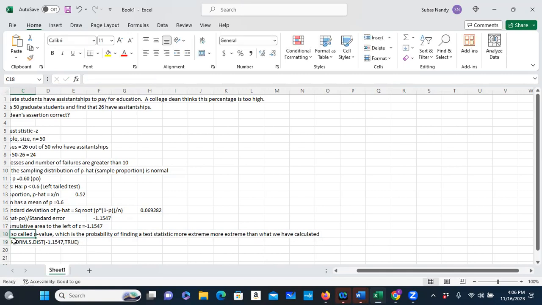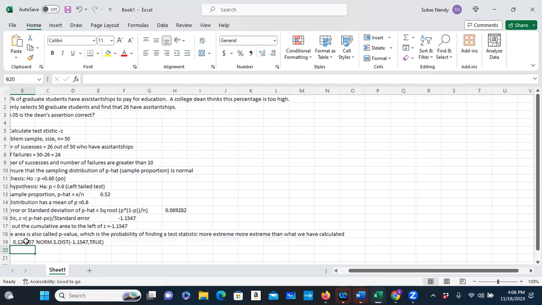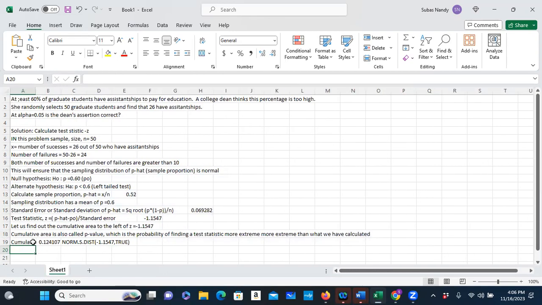So cumulative area is also called p value.